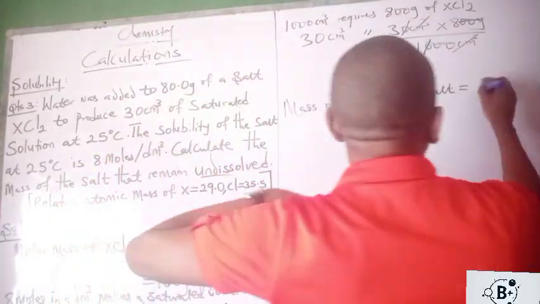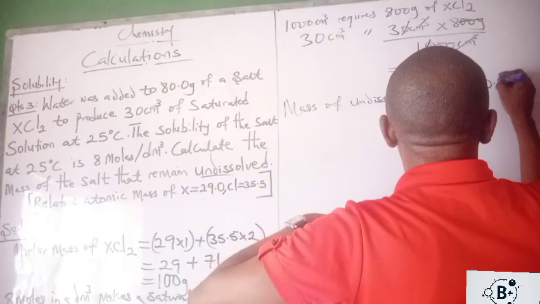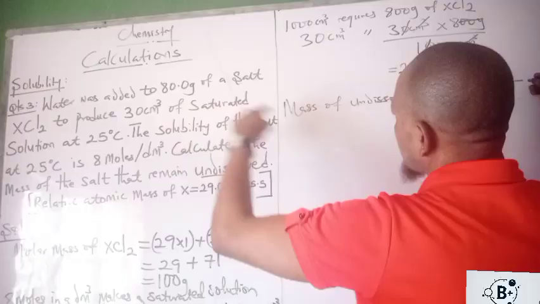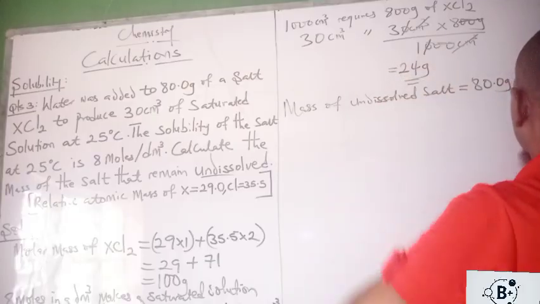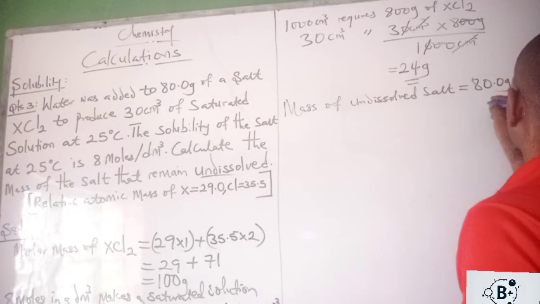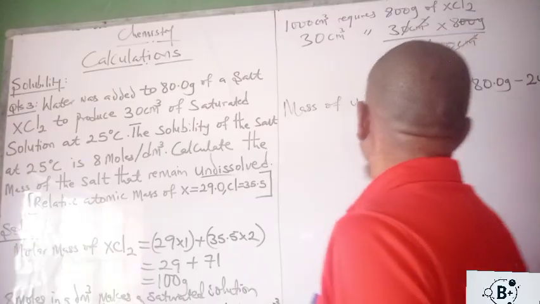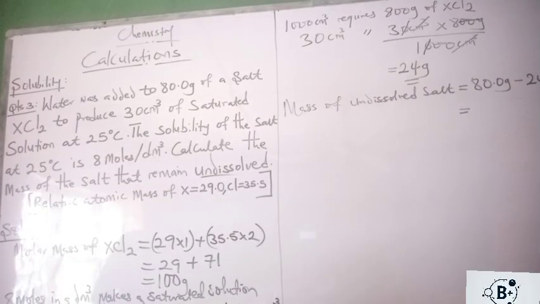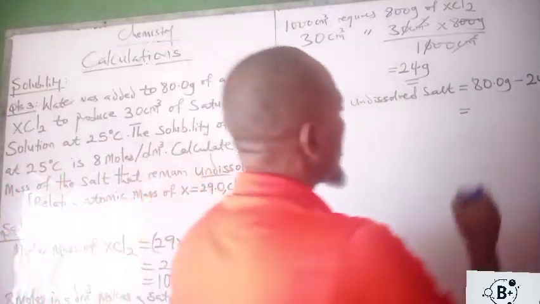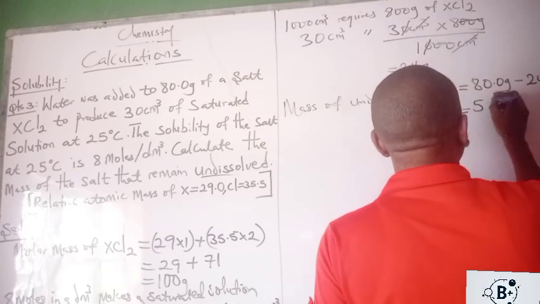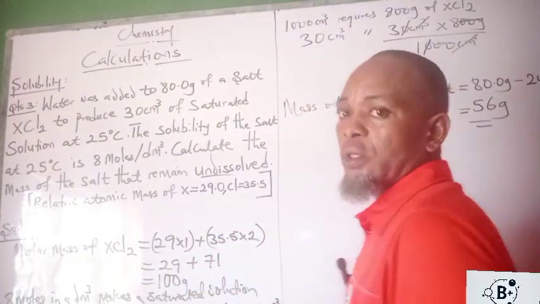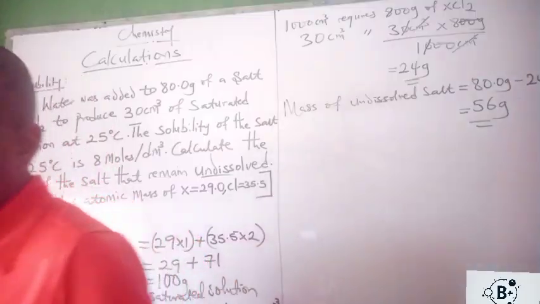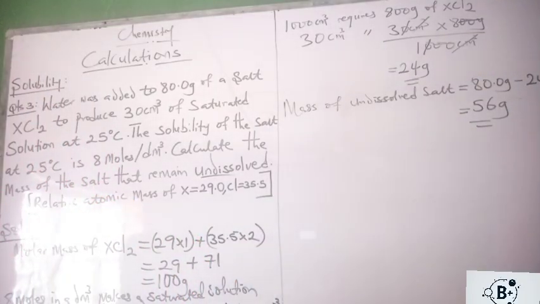So 80 grams minus what we have here, which is the one that was required, 24 grams, will now give us 80 minus 24. That gives us 56 grams. So the mass that is undissolved is 56 grams. So mass of undissolved salt is 56 grams.